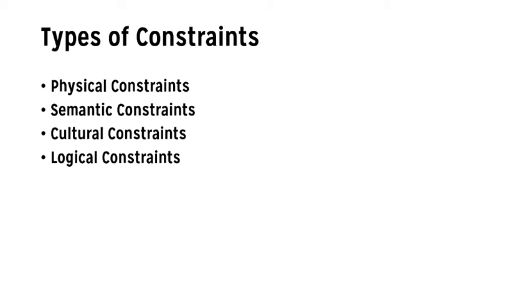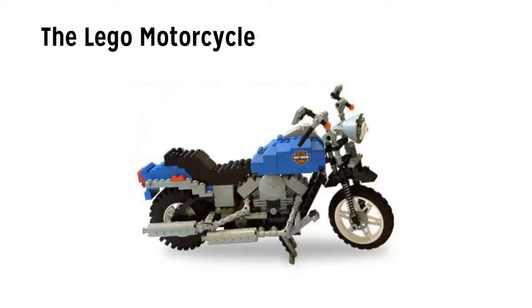And we can take semantic constraints, cultural constraints, and logical constraints and put them together into one example that your book discusses. And that's the concept of the Lego motorcycle. So when we're talking about logical constraints for a Lego motorcycle, you're given a set number of pieces when you sit down to start to build.